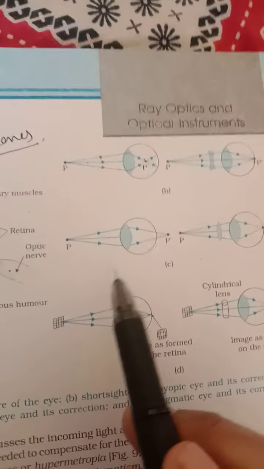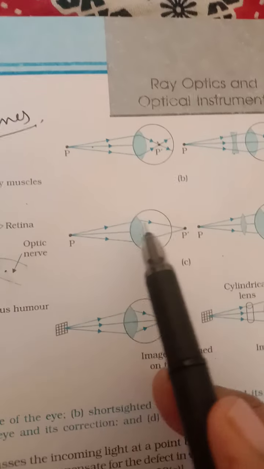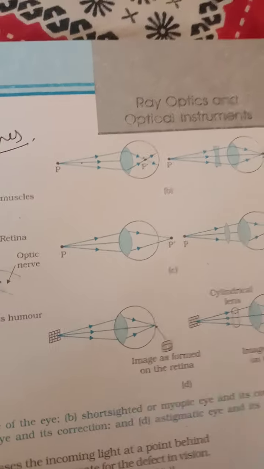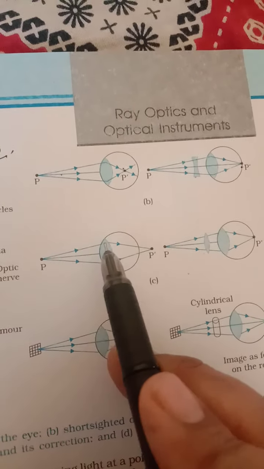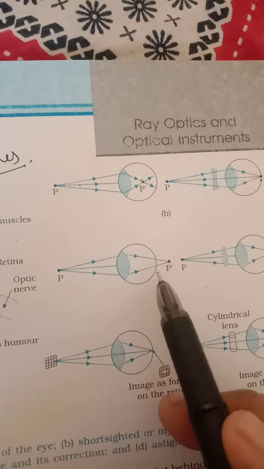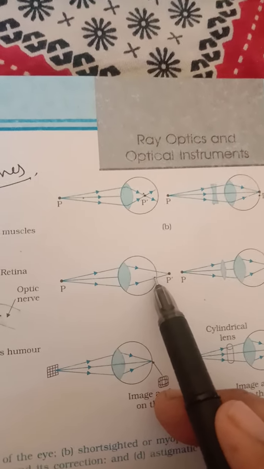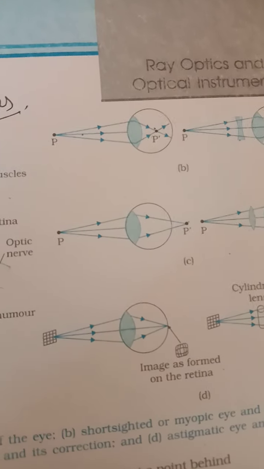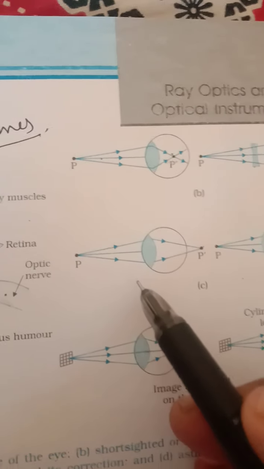Now in some eyes there is another kind of defect: instead of forming the image on the retina, the eye lens does not become thick but remains thin. So the rays coming from a distant object form the image behind the retina. It means you are able to stretch the eye lens but not able to compress it.